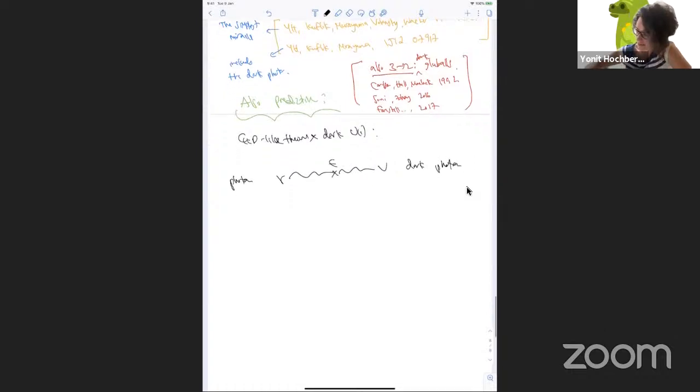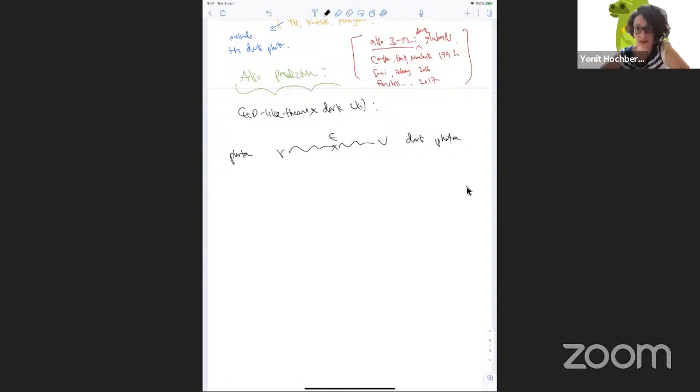And so what I can do now is write down, let's say I fix the gauge group and I fix the dark matter mass, and I just want to look at one slice of the parameter space to make a point. I could have sliced it any way, but let's look at where I fixed everything except for the size of epsilon and the size of the dark photon mass.